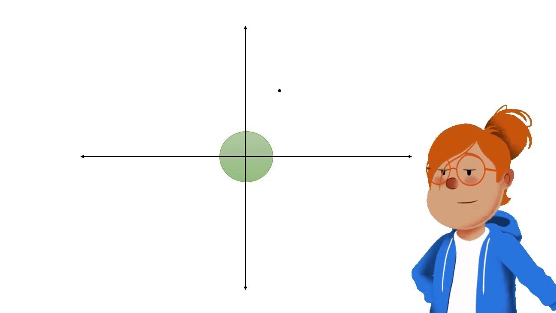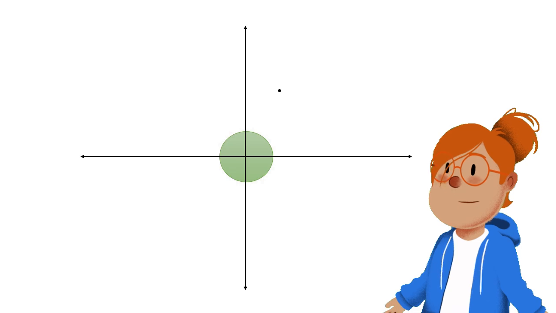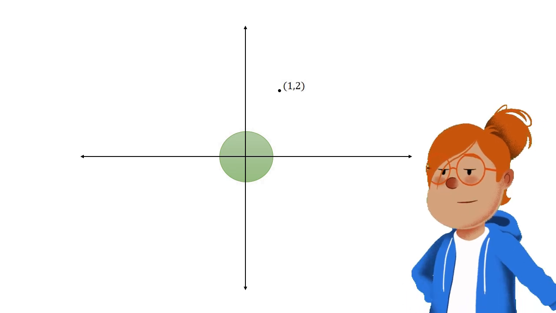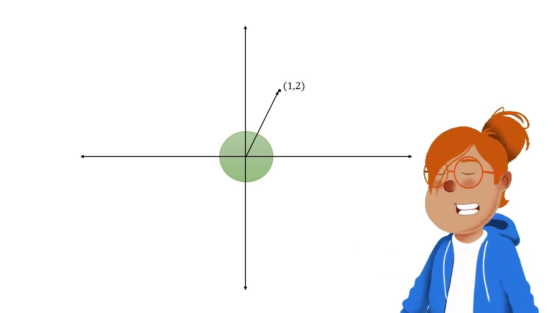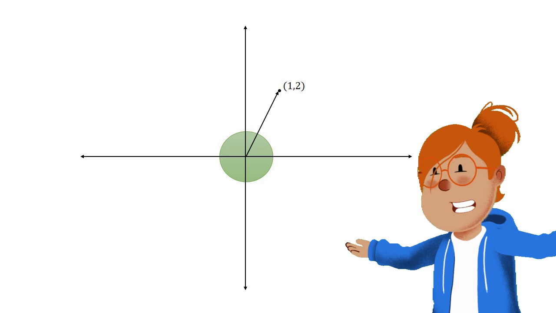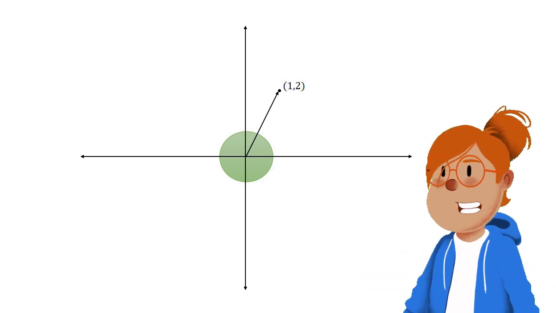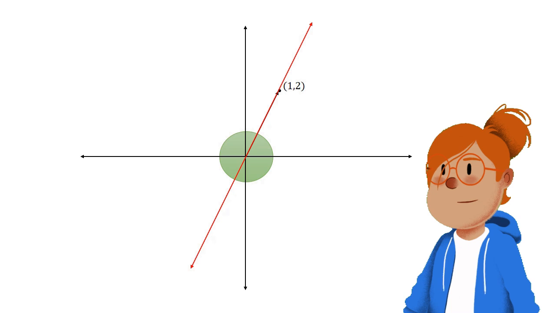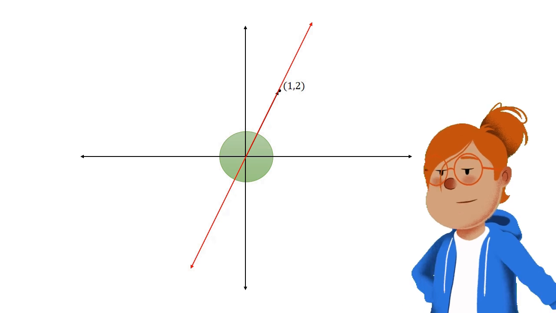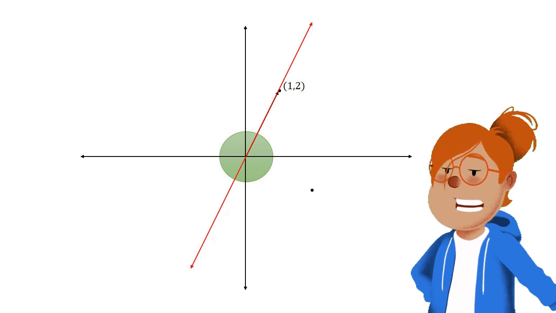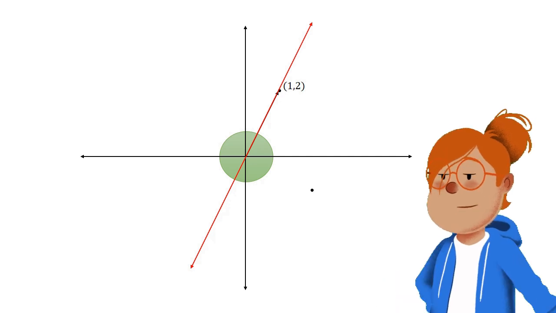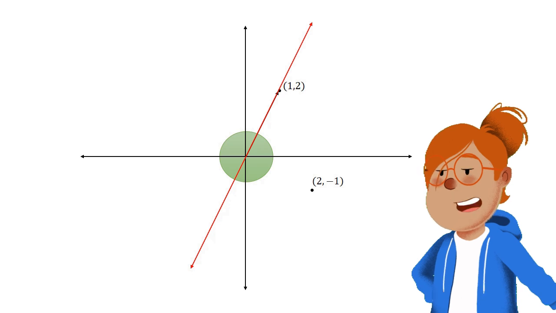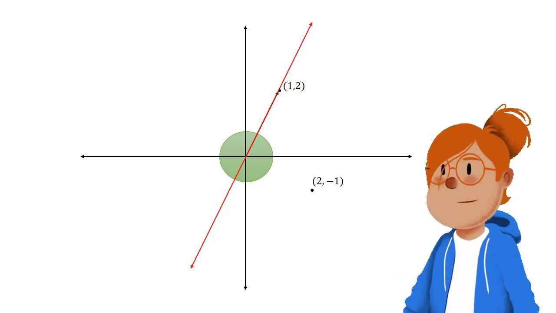So we know the first eigenvector is along the first quadrant. So this is the point (1, 2), and then we can represent this point using a position vector, and when we extend this position vector, we will get the principal axis. And then when we plot the second eigenvector, we will get it in the fourth quadrant, that is (2, minus 1), and then we can again use the same position vector and extend it to get the principal axis.